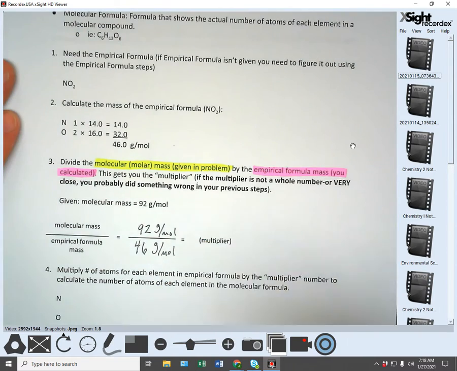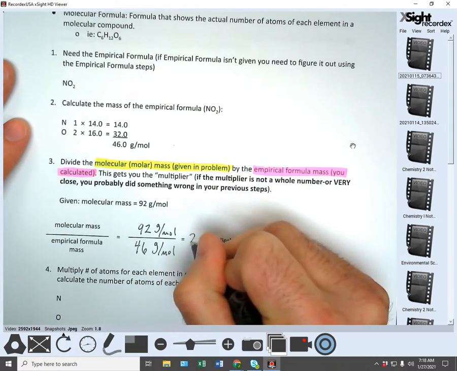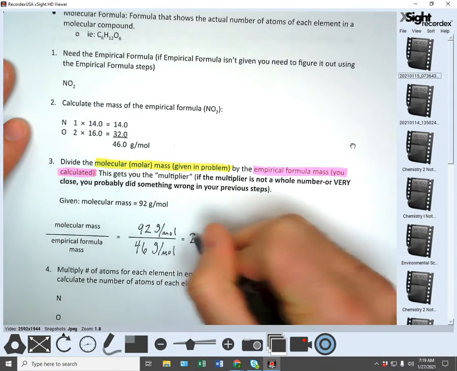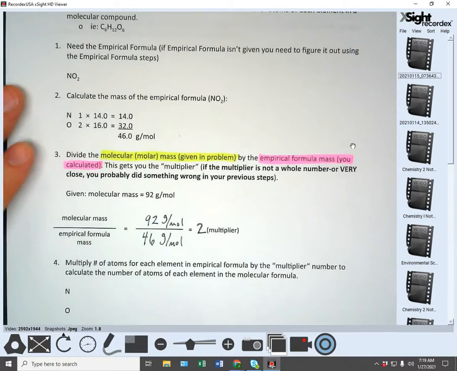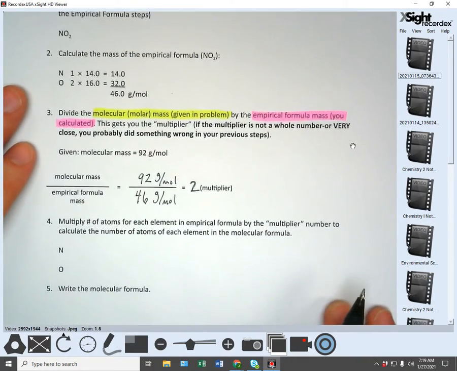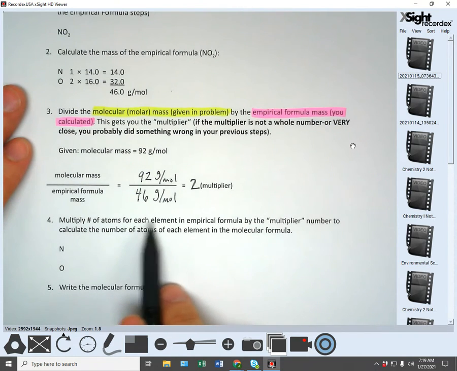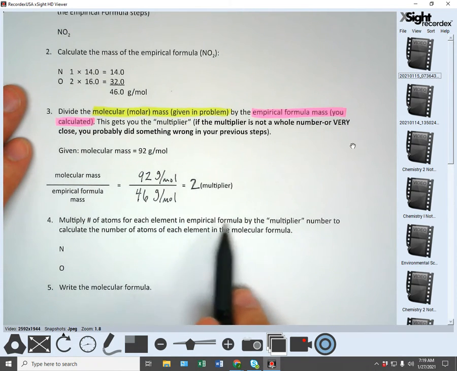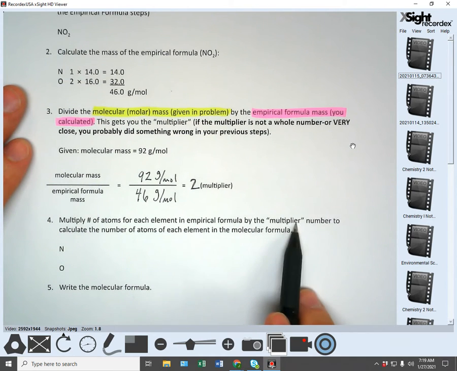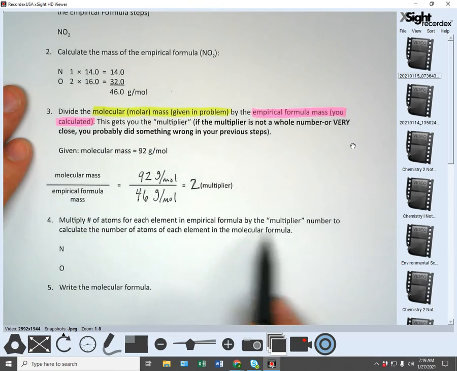Okay. This gets us our multiplier, which is 2. Now, what do we do with our multiplier? Well, the reason I call it the multiplier is because we multiply the number of atoms for each element in the empirical formula by the multiplier number to calculate the number of atoms of each element in the molecular formula.